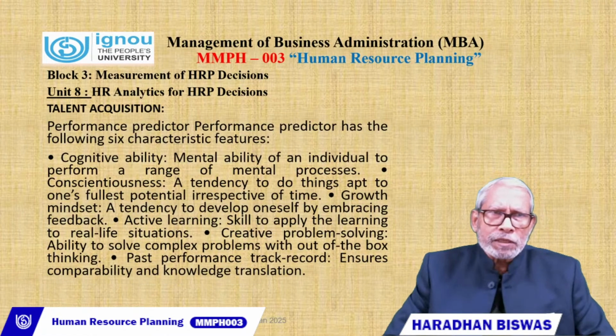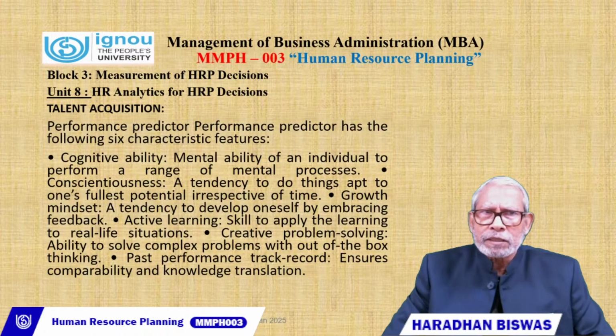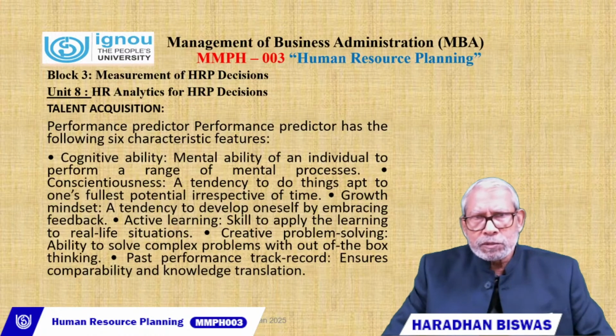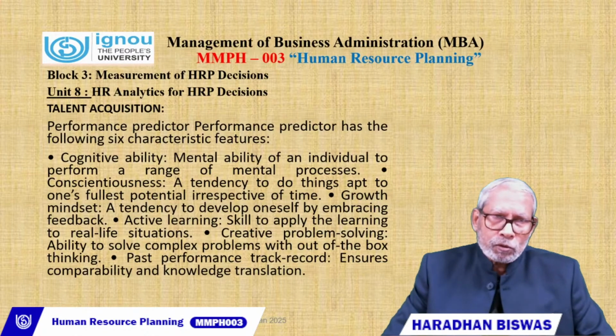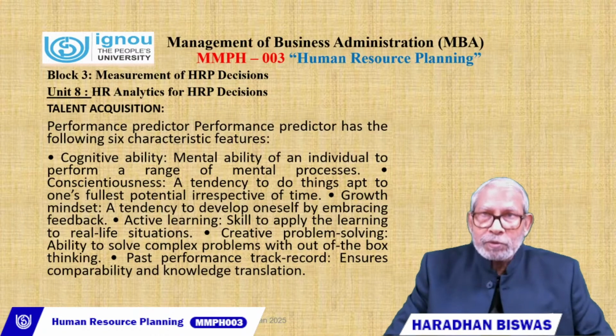Now, cognitive ability and performance predictors. The predictors will be the following six characteristics: cognitive ability, mental ability, and conscientiousness, then active learning, how skilled you are or not, then creative problem solving.